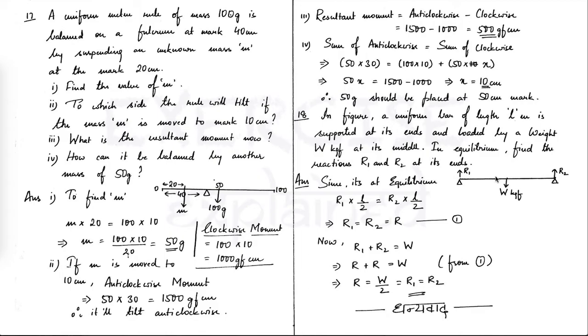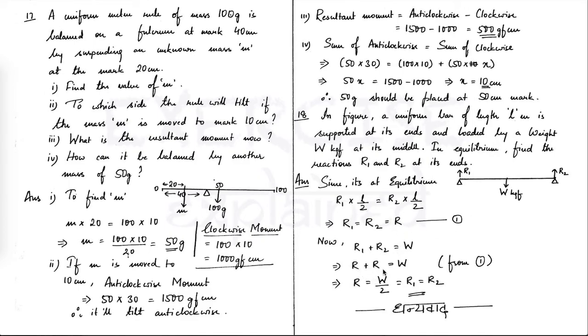Now, since W is hanging here, the reactions will be equal to the action. R1 and R2 both are upwards and W is downwards. So R1 plus R2 will be equal to W. Now R1 is R from equation 1 and R2 is also R from equation 1.